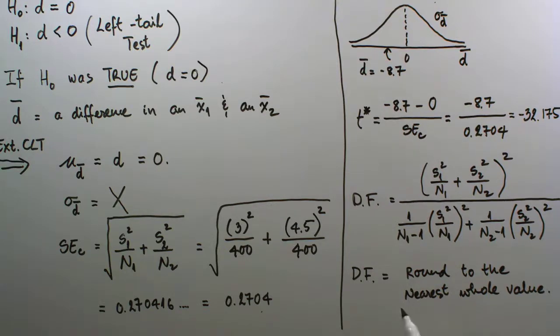When any software program provided is limited to whole value degrees of freedom, it's best to round the decimal degrees of freedom to the nearest whole value. So in this case, with our particular problem here, the degrees of freedom is decided to be 695. That's our degrees of freedom being used in this problem right here.